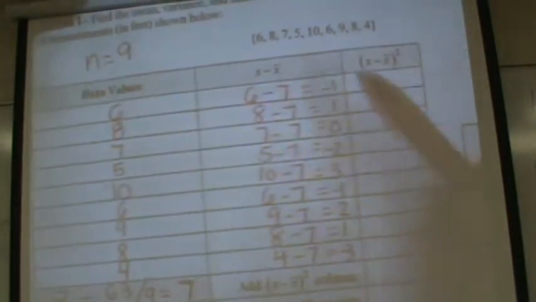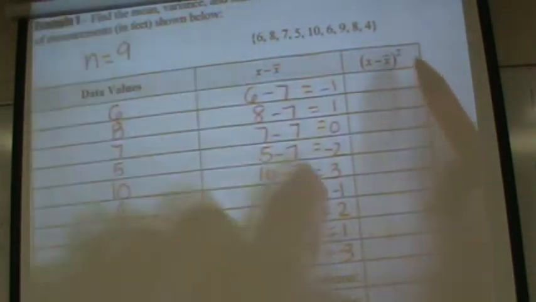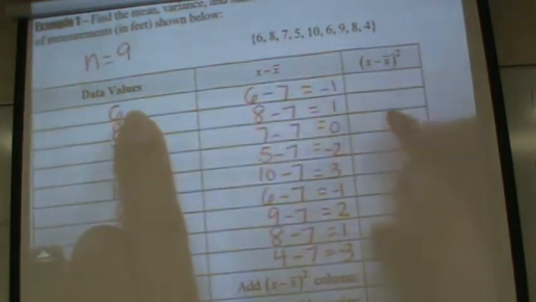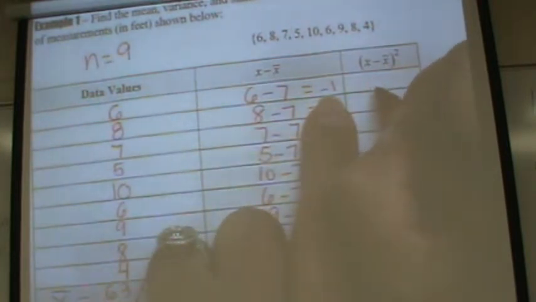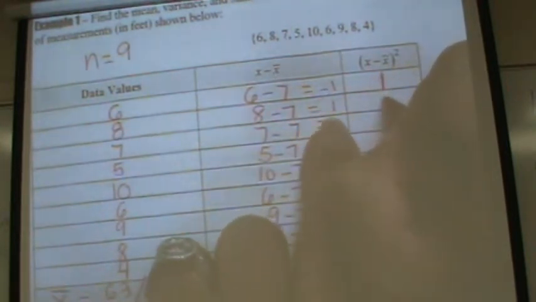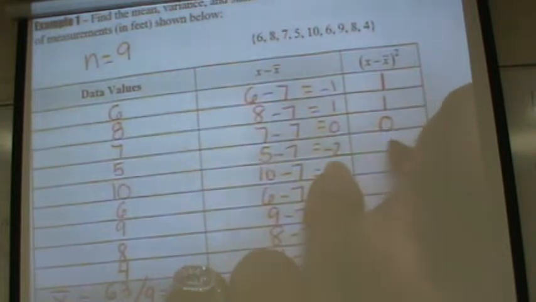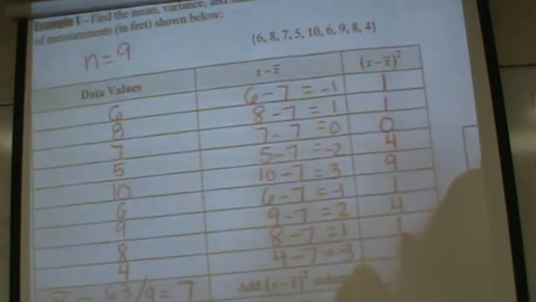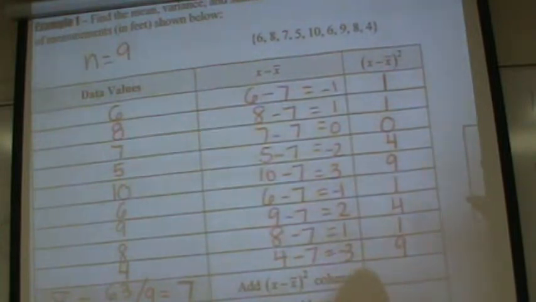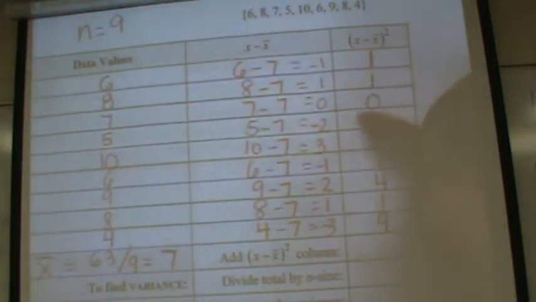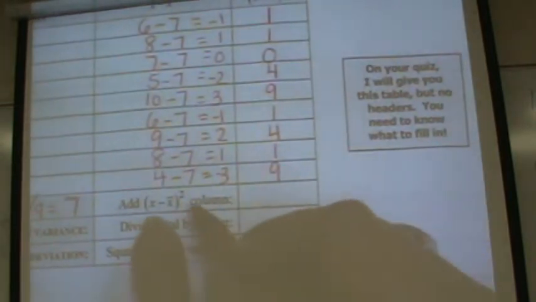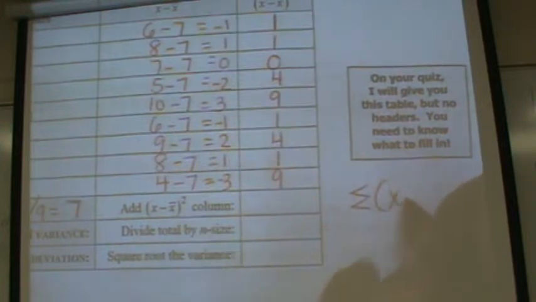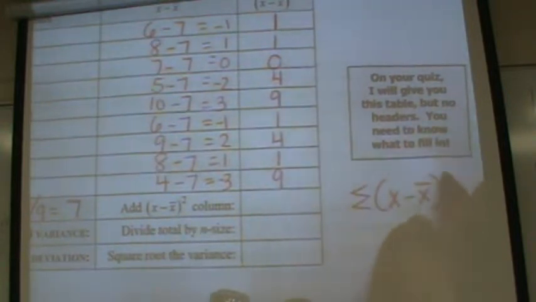Now, you're gonna take each of these numbers and square them. So it's the difference of the data and the average squared. You're gonna square -1, what do you get? 1. 1, 1, 0, 4, 9, 1, 4, 1, and 9. Now, you're gonna add this column up. This is the sum of x minus x bar squared.